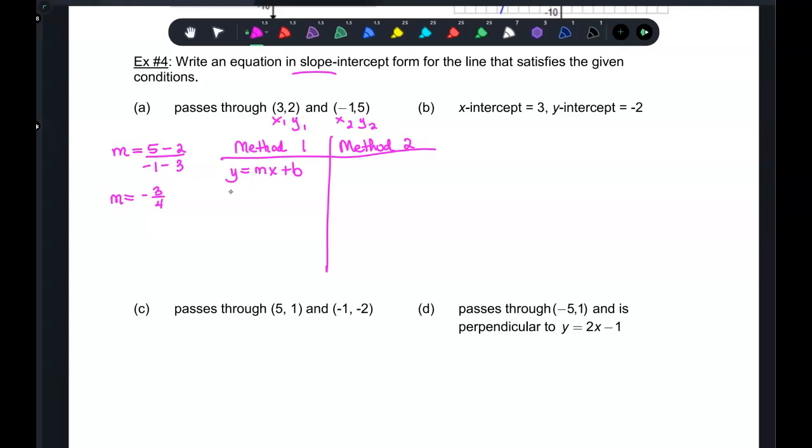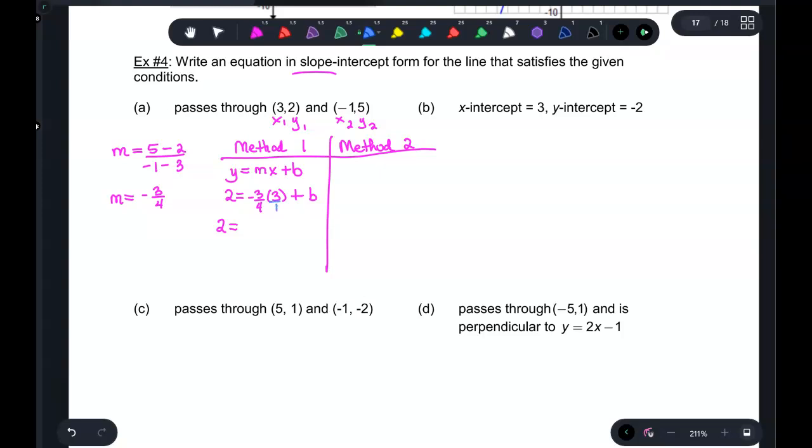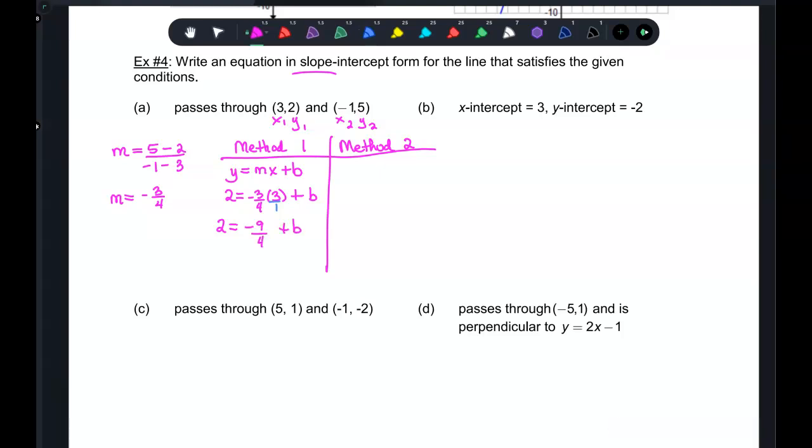So I'm going to plug in 2 for y, negative 3/4 for m, 3 for x, plus b. So here I get 2 equals, remember when we multiply a whole number by a fraction, we can put it over 1 and multiply the numerators. So negative 9/4 plus b.